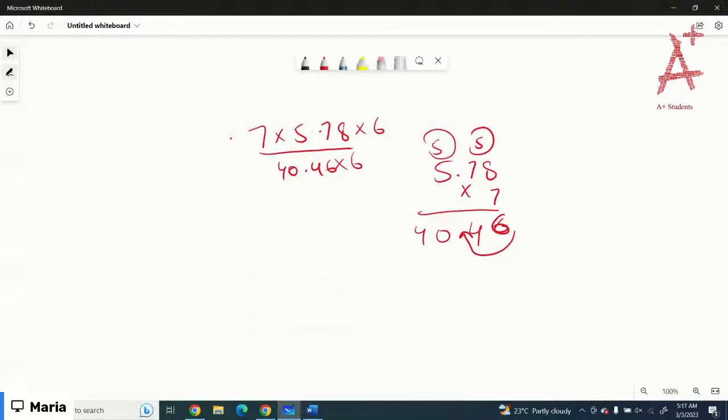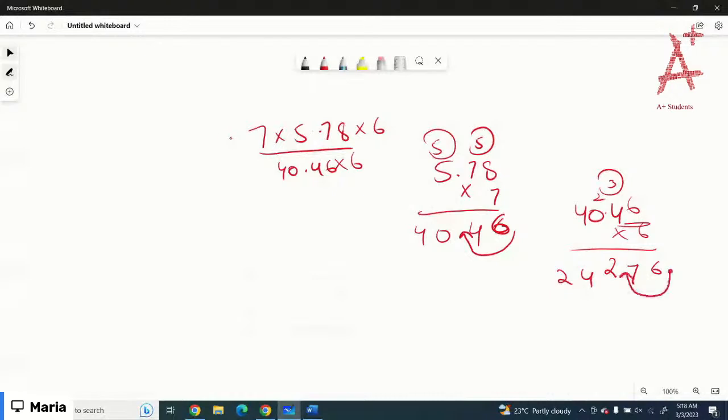Let's just multiply. 6 times 6 is 36. 6 and 3 carry. 6 times 4 is 24 and 3, 27. 7 and 2 carry. 6 times 0 is 0, plus 2, 2. 6 times 4 is 24. So you have to put the decimal point 2 places left.